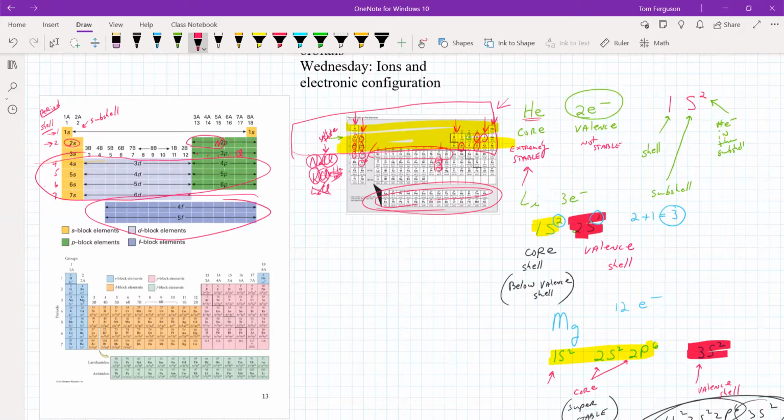So you should be able to write out the configurations for everything up to argon, which is right here. So argon is 3s2, 3p6. And send me that email about doing this for you. I will do that. That's a good idea.